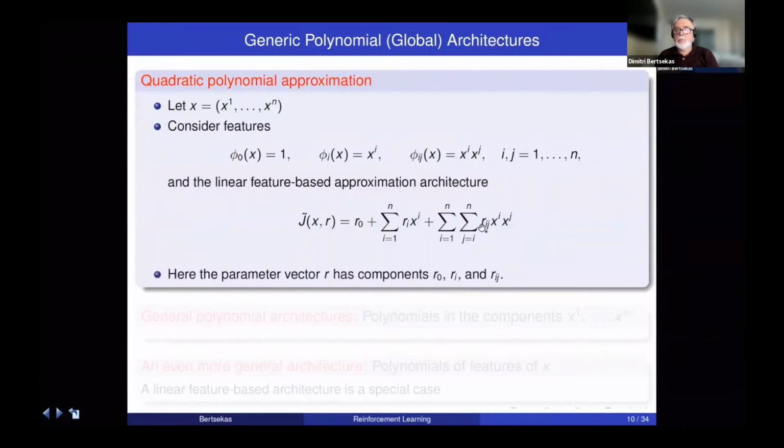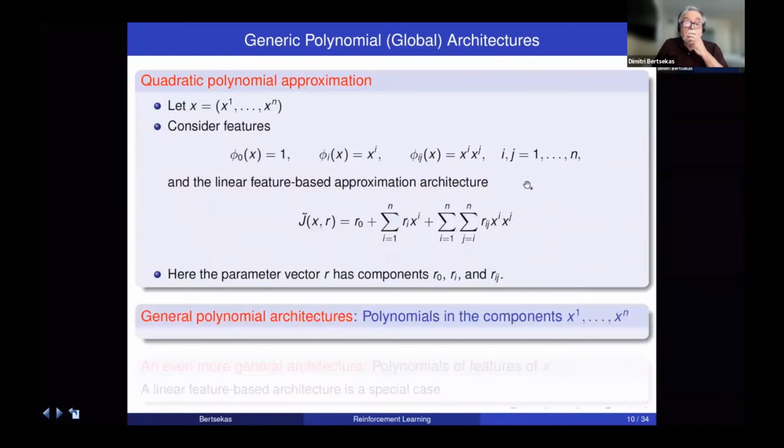And by adjusting these components, we can build quadratic approximations of cost functions of states that have n components. This is a pretty general method, and we don't need to know special features. These are generic features. A generalization of that, instead of having quadratic polynomials here, we can have higher order polynomials, like cubic.